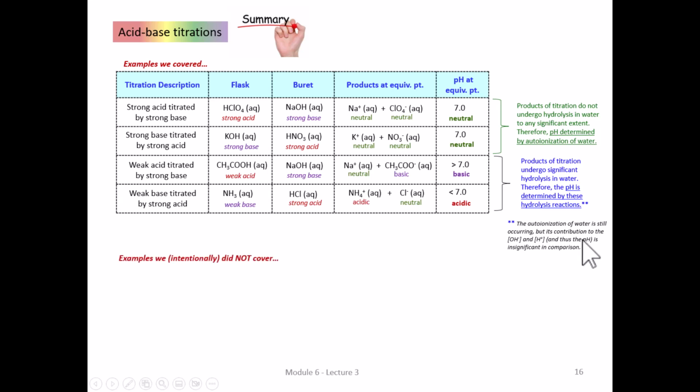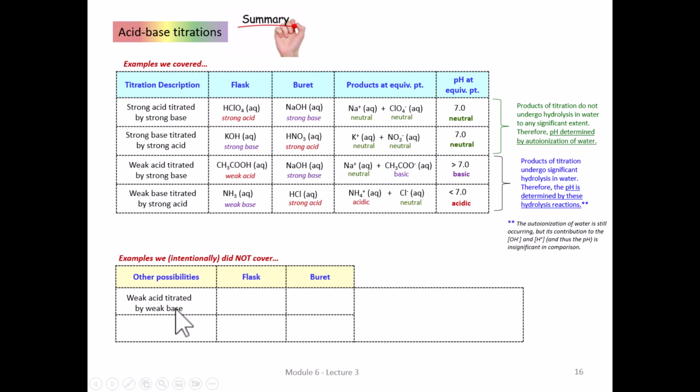A couple of examples we did not cover, and this was intentional, was a weak acid titrated by a weak base. An example would be acetic acid titrated by ammonia, or a weak base titrated by a weak acid.